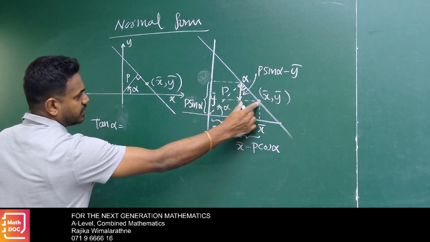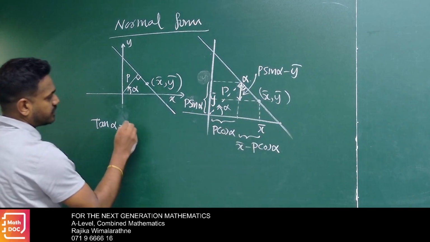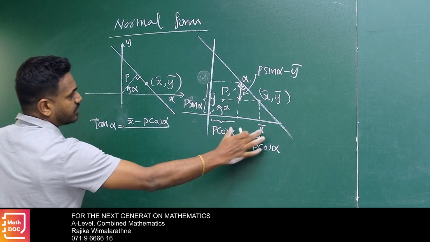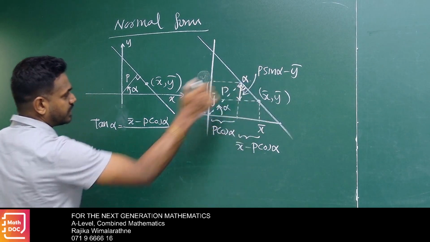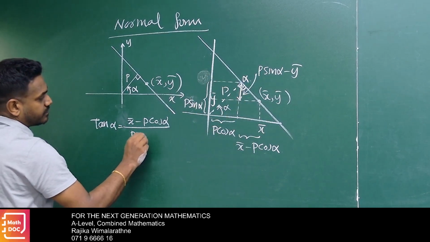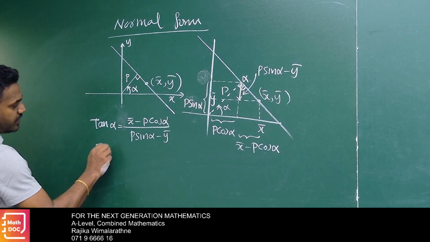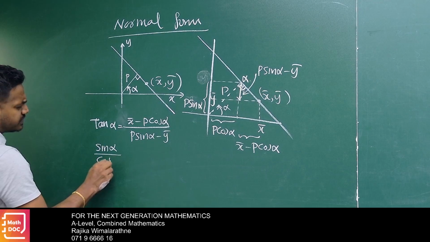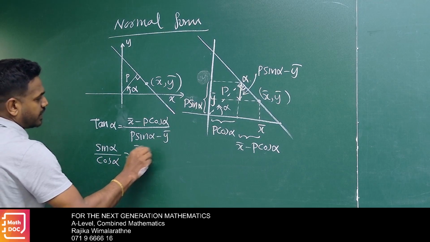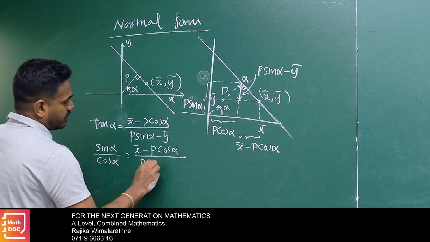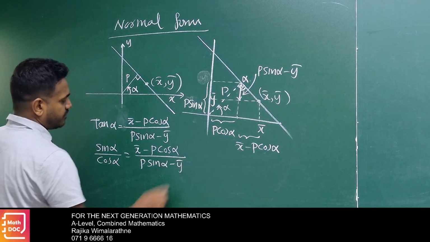Tan alpha equals this length, x bar minus P cos alpha, over P sin alpha minus y bar. Then sin alpha over cos alpha equals x bar minus P cos alpha over P sin alpha minus y bar.